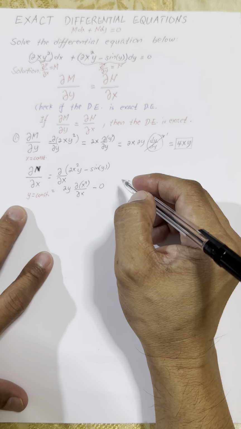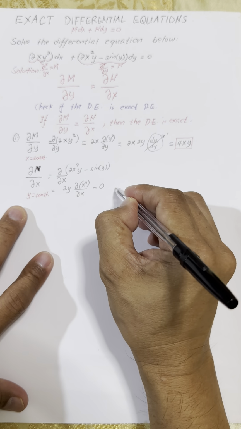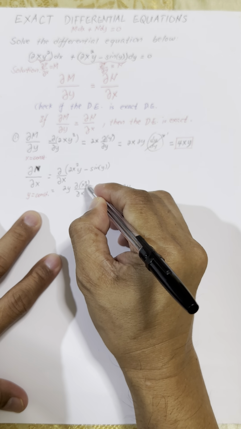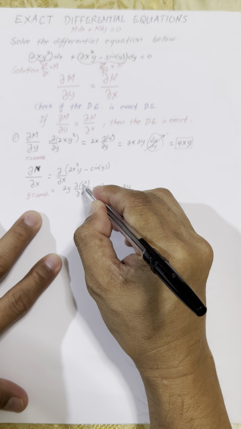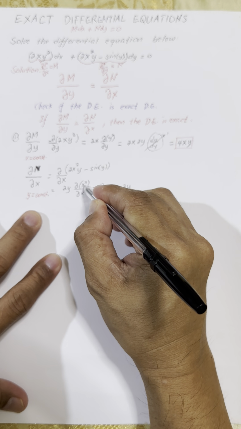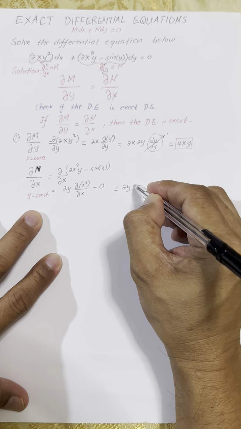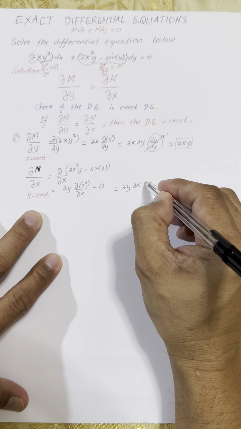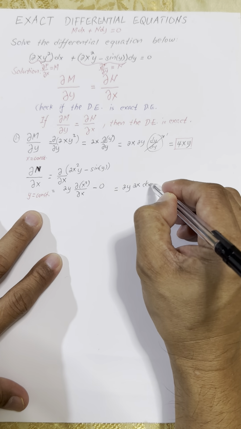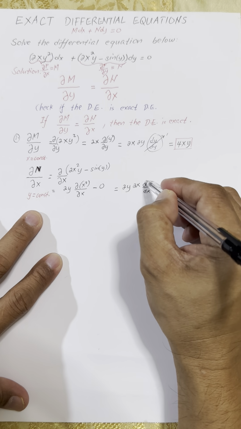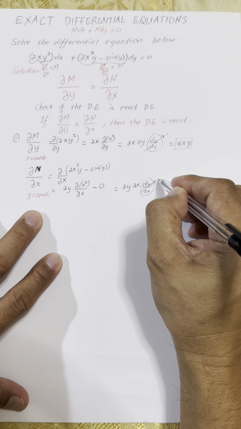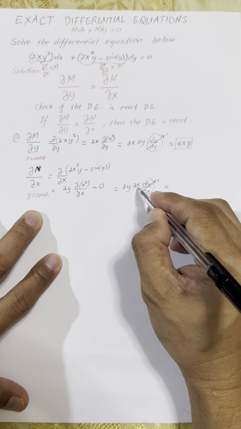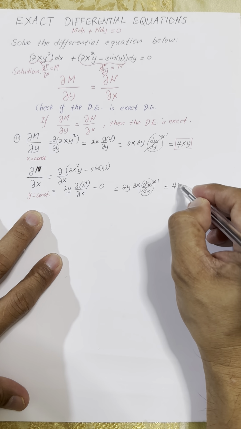So we have 2 times y, then the partial derivative of this, so our u is x to the power 2, so from differentiation, 2x, then times the derivative of x with respect to x, where the derivative of x with respect to x is equal to 1. So therefore, this is equal to 2y times 2x, which is equal to 4xy.